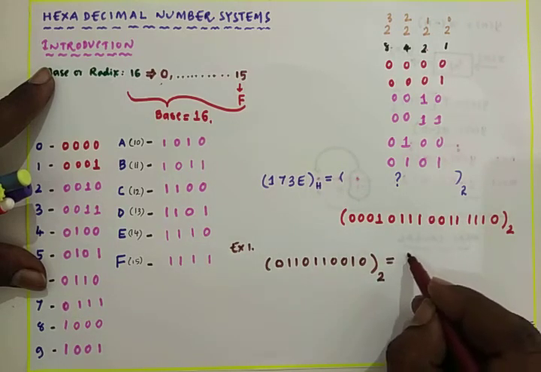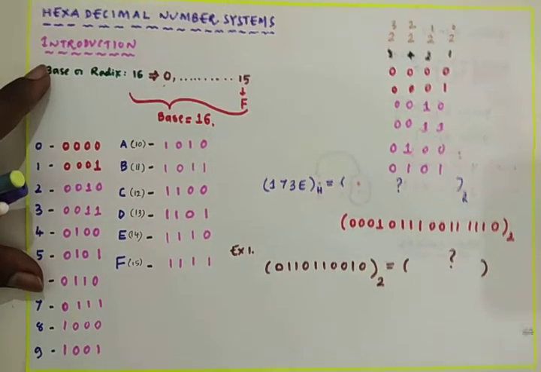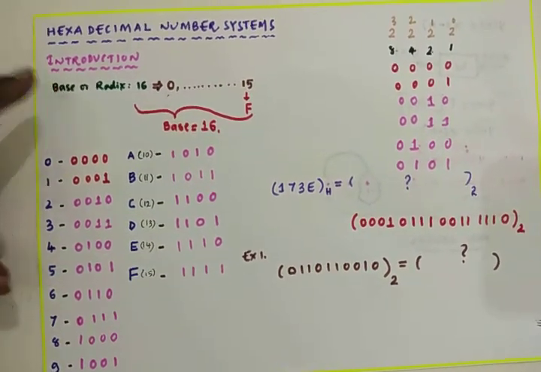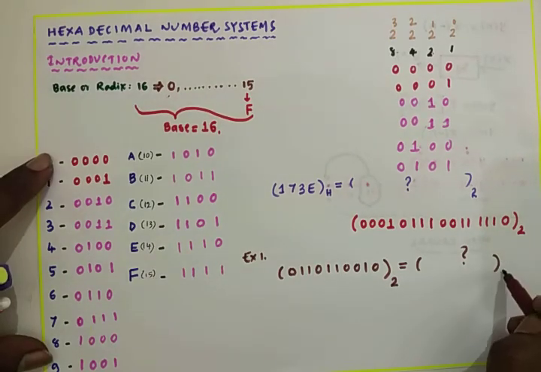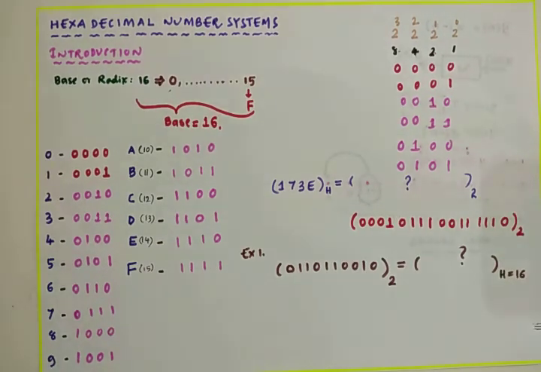I want to know its equivalent hexadecimal number. The hexadecimal number base is what? H is nothing but hexadecimal, whose base is 16. What is the binary number we have?